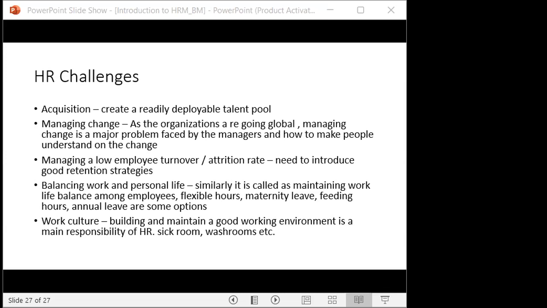By copying that, we have come to the end of the first module under the business management HR subject. This is the first module, and we've spent 3 days, that is 6 hours, on this introduction part, right? So please copy the HR challenges as well.